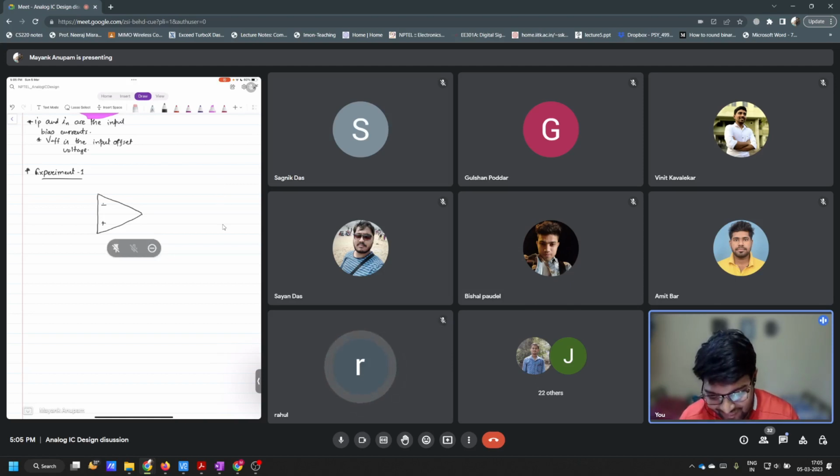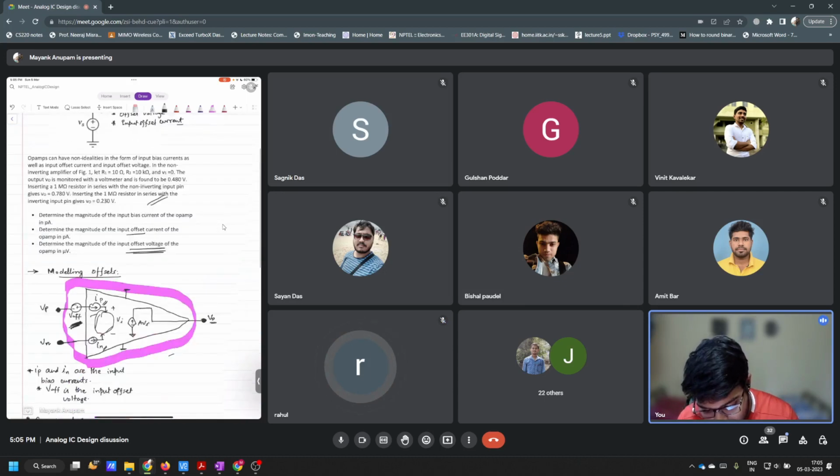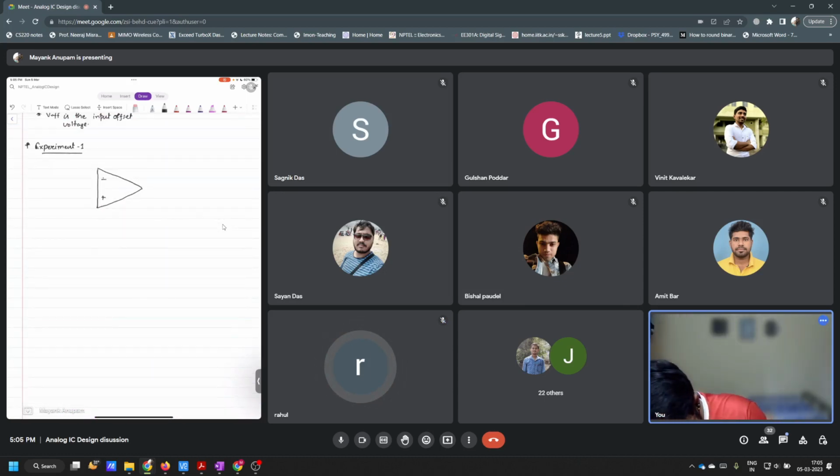So you see, experiment number 1 is basically you put this, and you have this resistor here, you ground it.